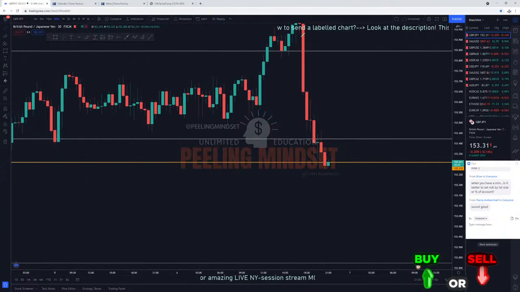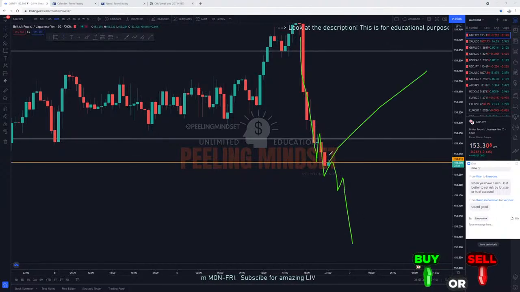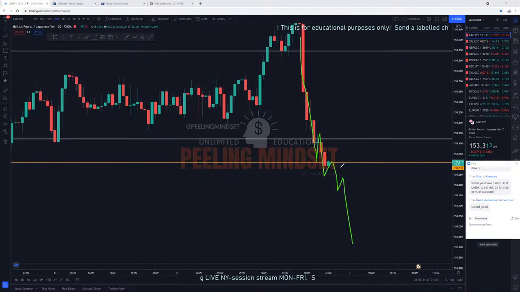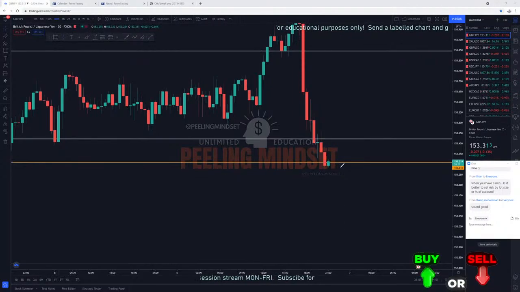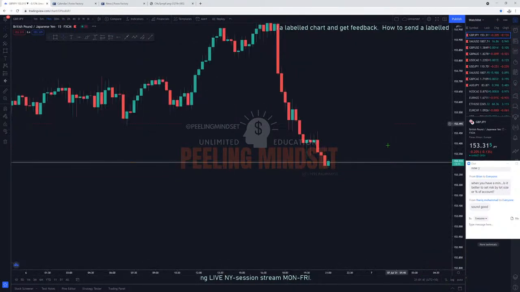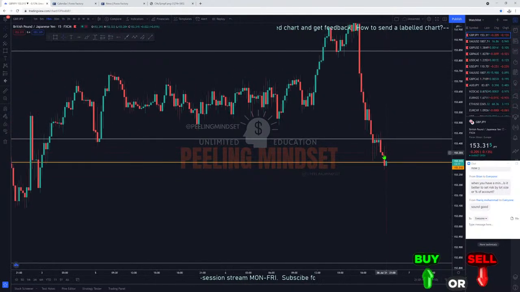In pound yen, if you could push down, if you could do something like this, that'd be lovely. If there could be another lower high, that would be amazing. So I'm going to wait for that, because we are only in the first few minutes of this hourly candle. So waiting is the key.